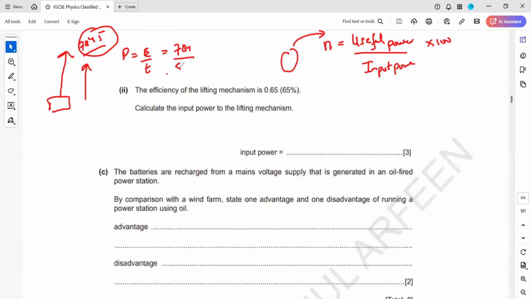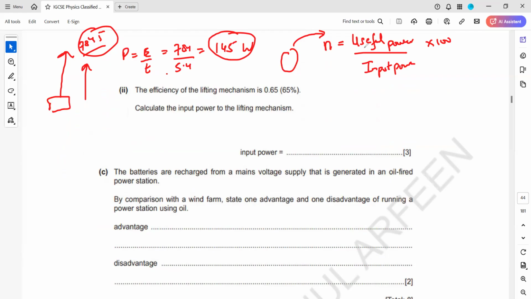So what is the useful power? 784 divided by 5.4 is 145.1, or 145 watts. How much energy is used every second? That is called power, 145 watts.